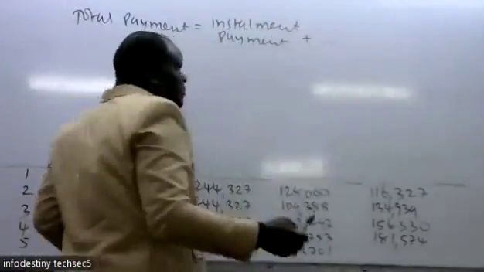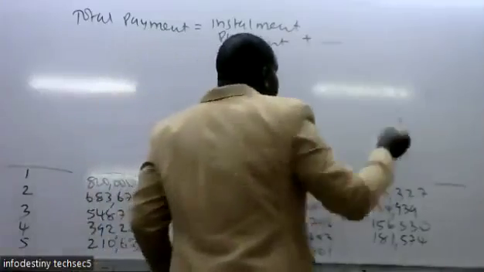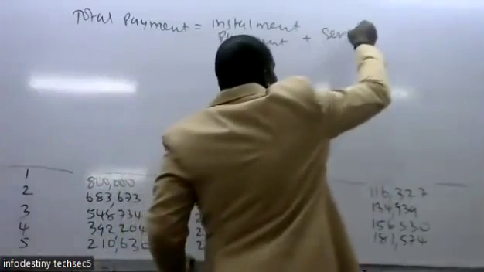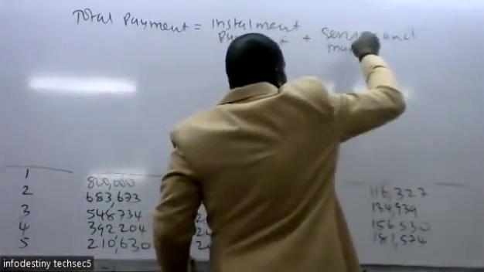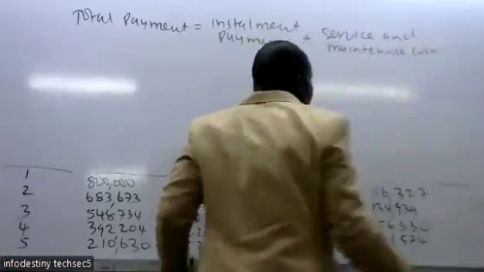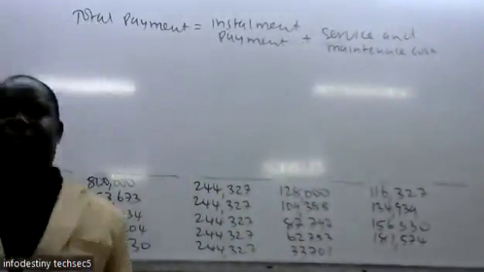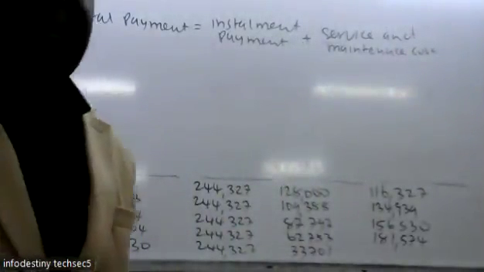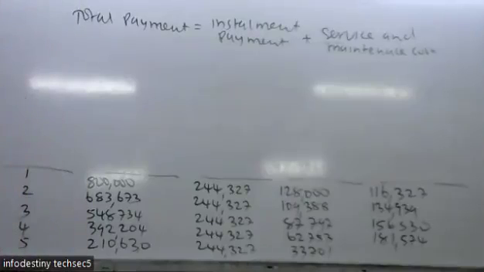Then we are supposed to add the service and maintenance cost. So total payment, we shall simply be having the installment payment, then we add the service and maintenance costs.